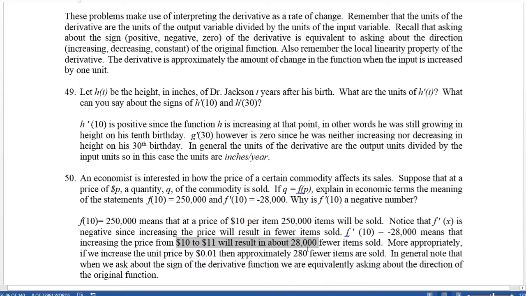So again, what is this really? The derivative is negative 28,000. It says if you're going along the tangent line, going up one unit on the input, $1 per item, will make us decrease by 28,000 on the tangent line. So increasing by 1 cent will make the tangent line go down by 280 items.